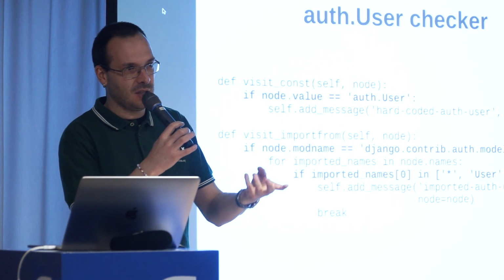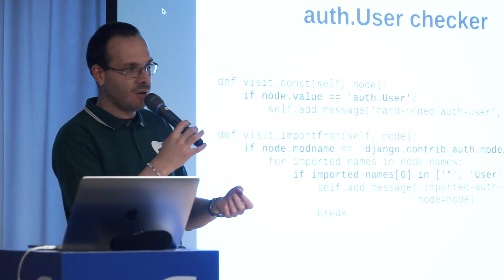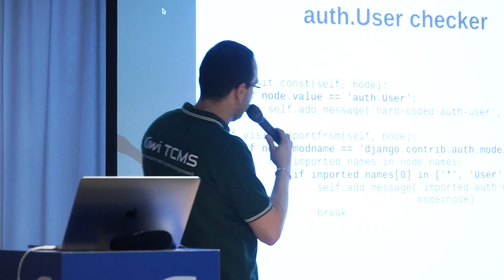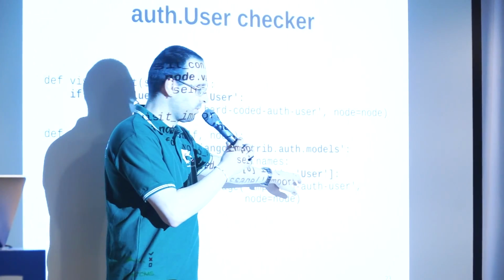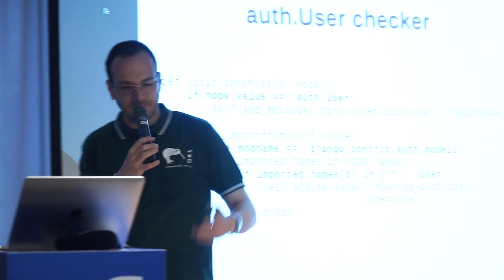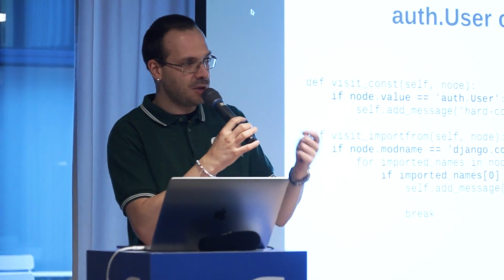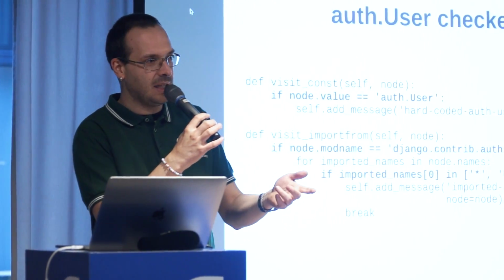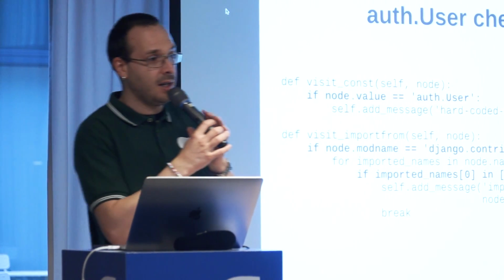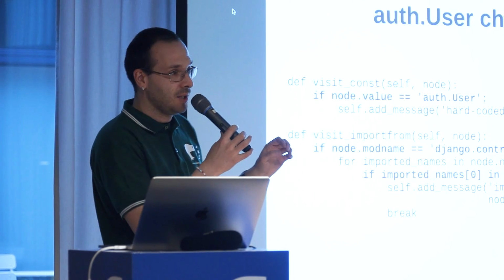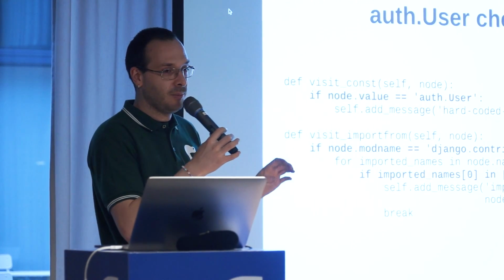So I must be using the helper function provided by Django. So if I do wildcard import from this module, or I just import the user class, then there's possibility that I can use this class directly in queries. So don't do this, and everything will be fine. And the reason we do this is it is very simple.